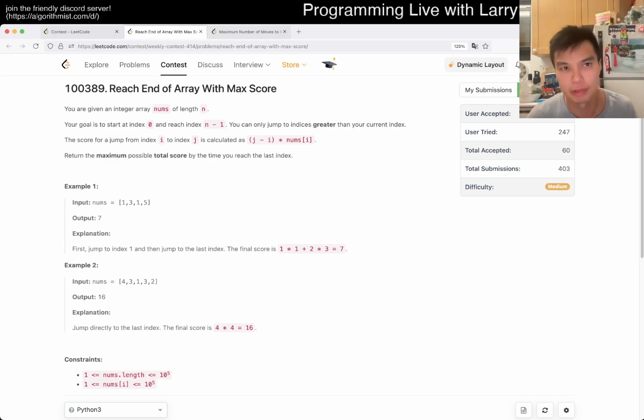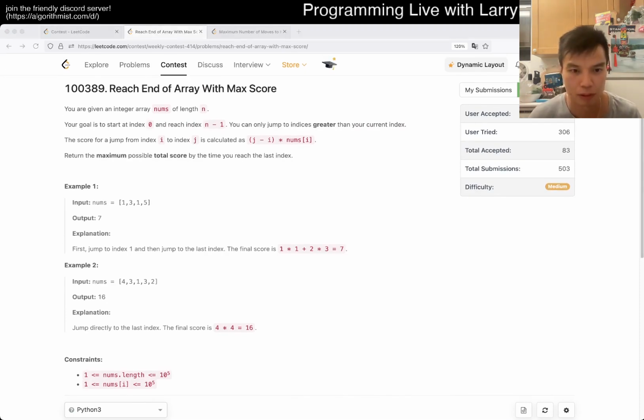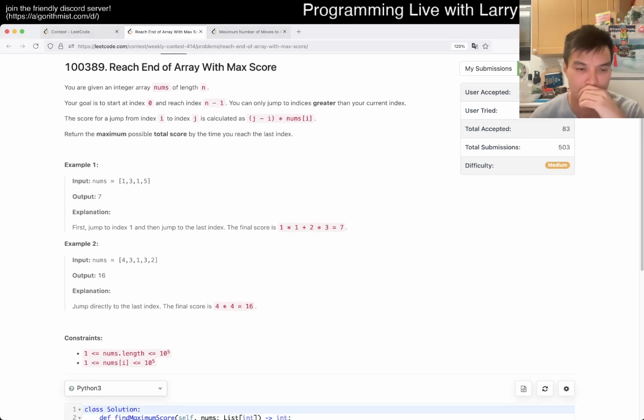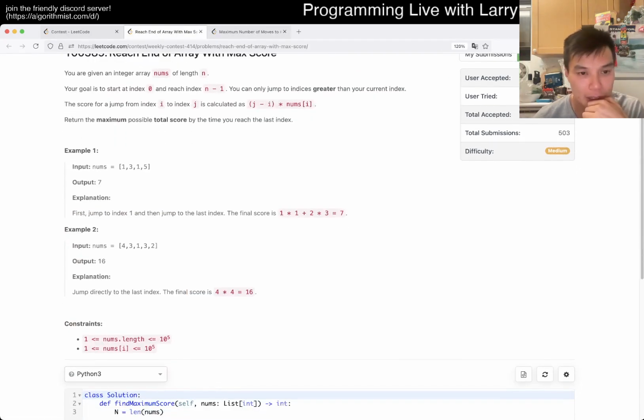Okay, how do we do it without incrementing? I guess that's what I want to know. A lot of people got this, so I don't know. And Q4, people got it, so I'm really slow today. That's fine.